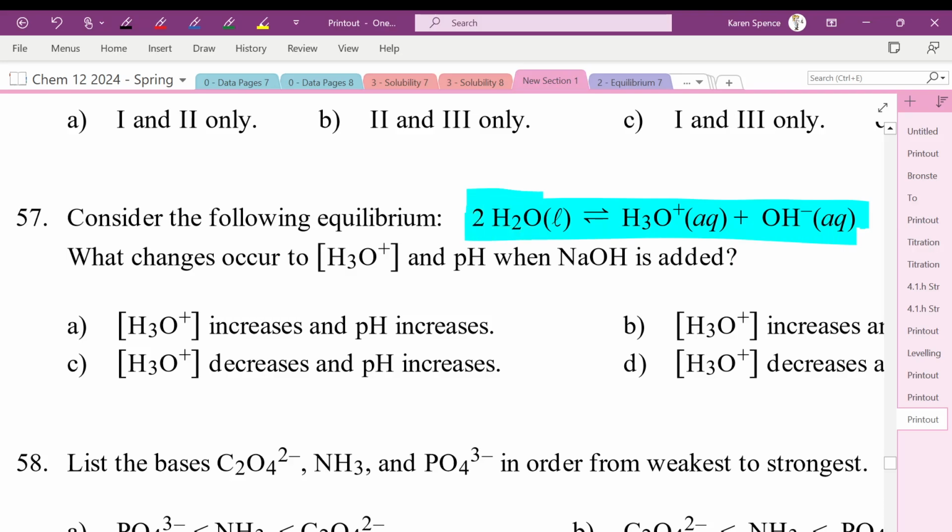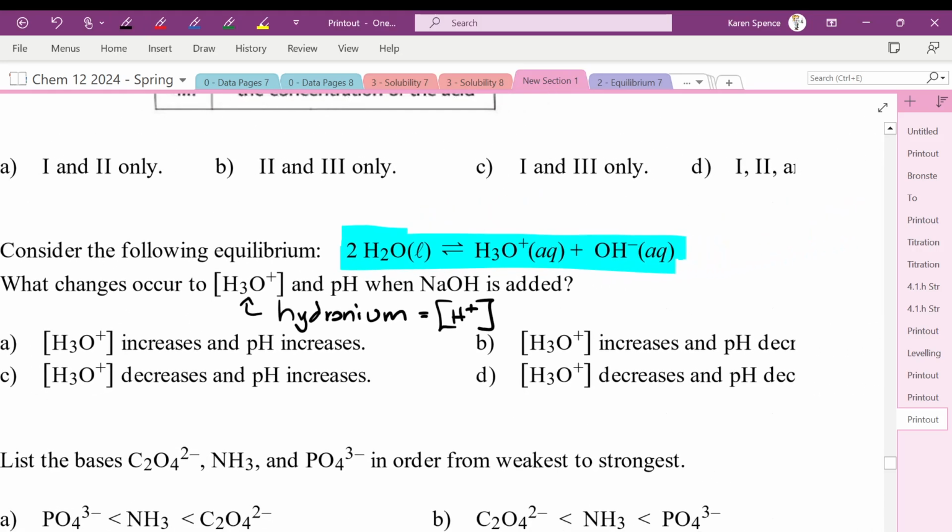And what changes occur to H3O plus? Now remind me, or tell your partner, what is the name of H3O plus and what is it the same as? H3O plus is called hydronium. And what is it the same as? H+. It's the same as H plus.